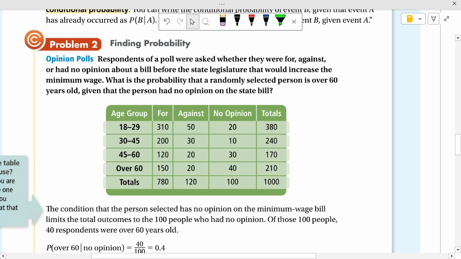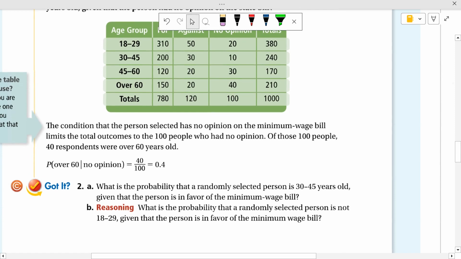So we're just looking at this part of the chart. Given that they had no opinion, what's the probability that they're over 60? Well, that's 40 of the 100 people, or 40%.